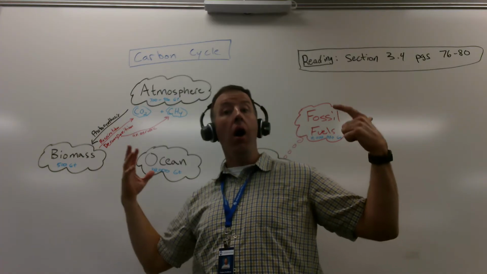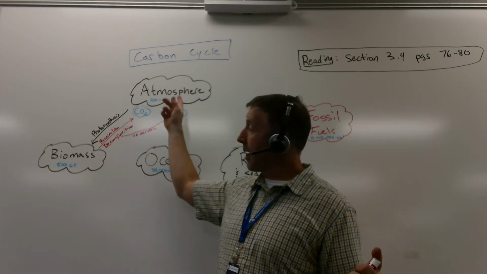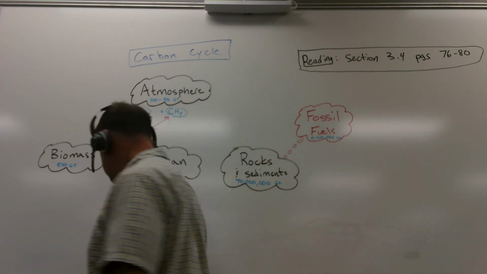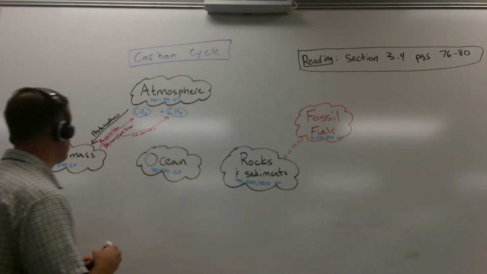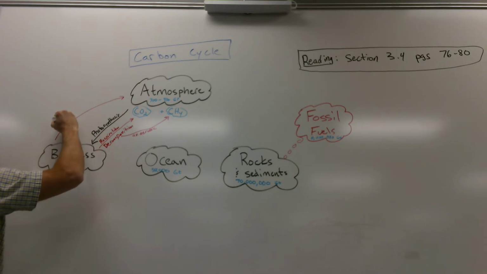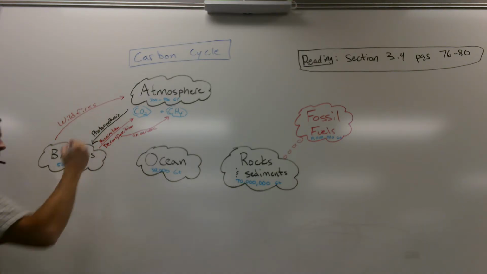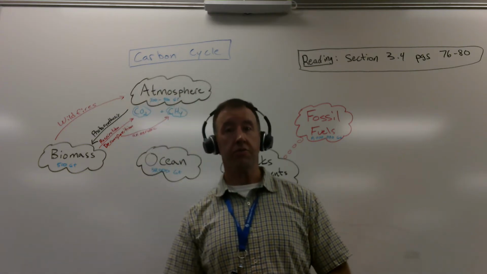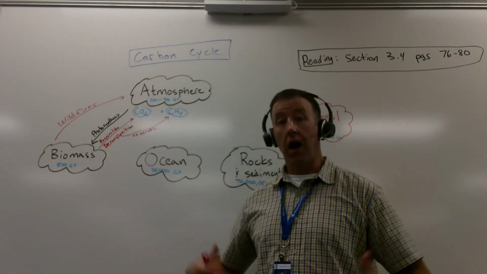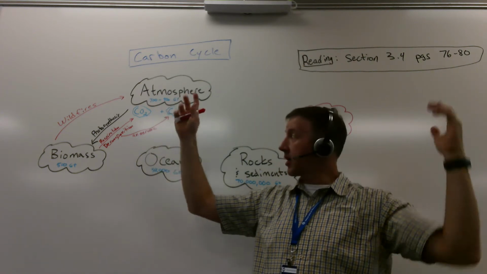Other processes that interact between the atmosphere and biomass and exchange carbon include wildfires. So I'm going to do another red arrow from biomass to the atmosphere. Here on the West Coast, we are very familiar with wildfires and all that nastiness, but that is another way. When you burn wood, for example, one of the major products is carbon dioxide.